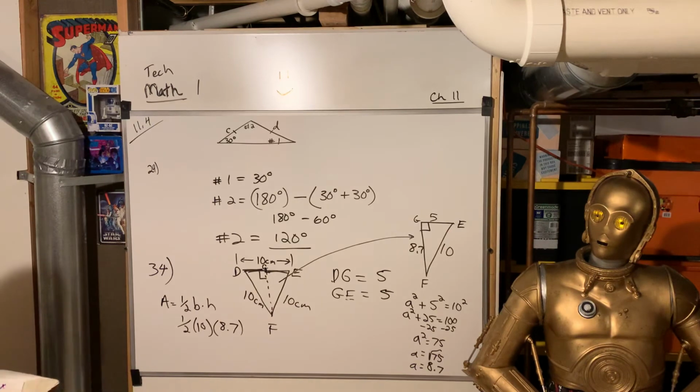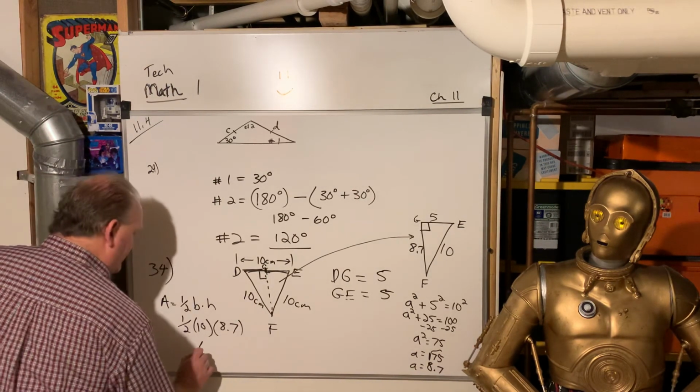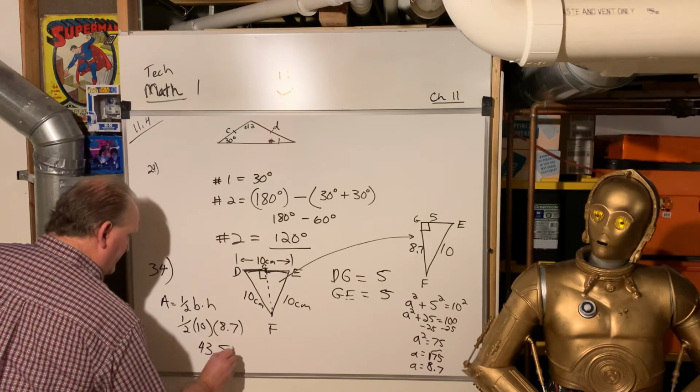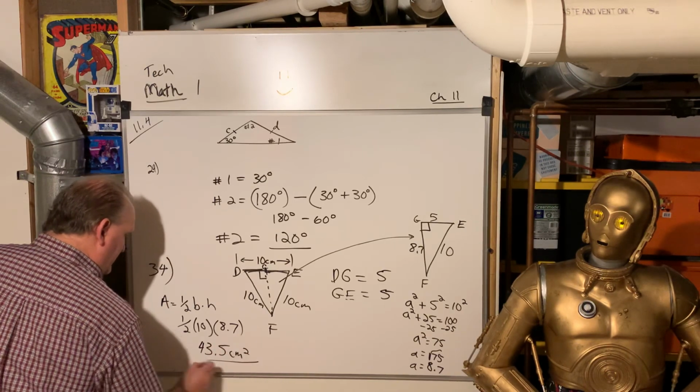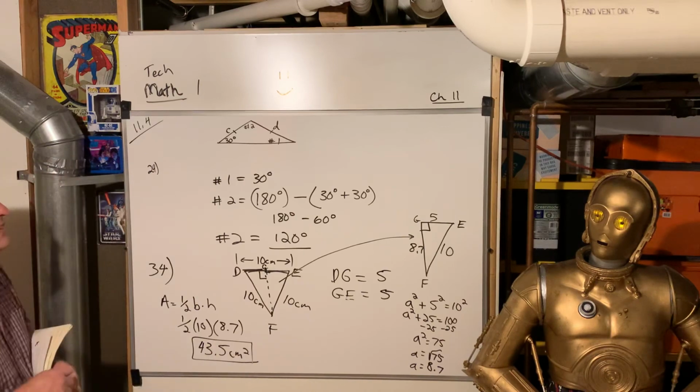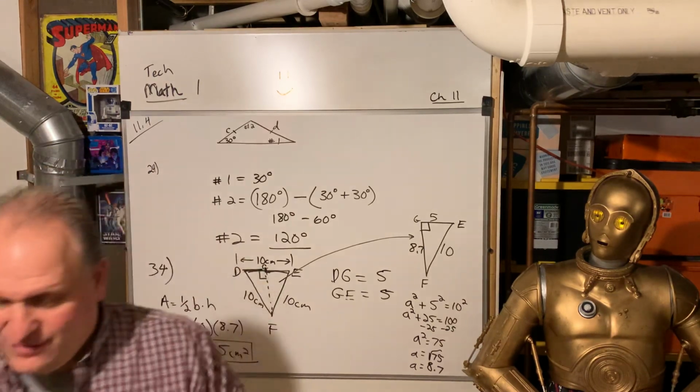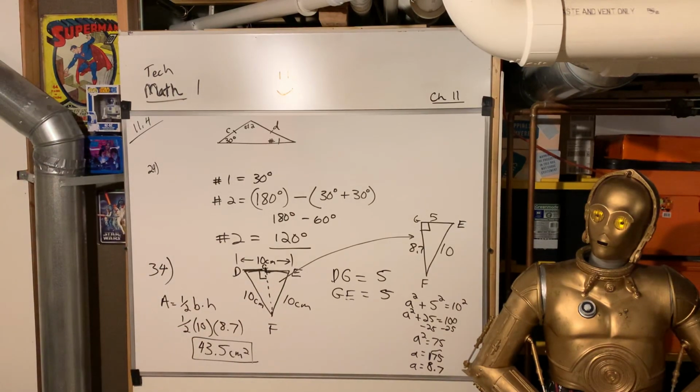All right, and then 1/2 times base times height, or 10 times 8.7, and then cut it in half. That's 43.5 centimeters squared. Okay, so that was 11.1 to 11.4.